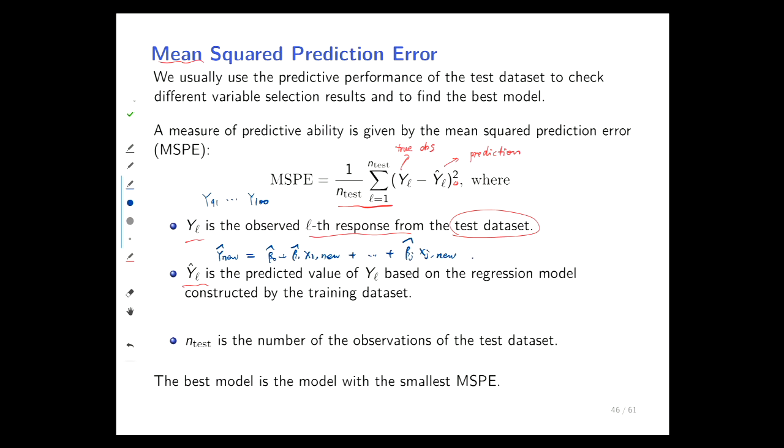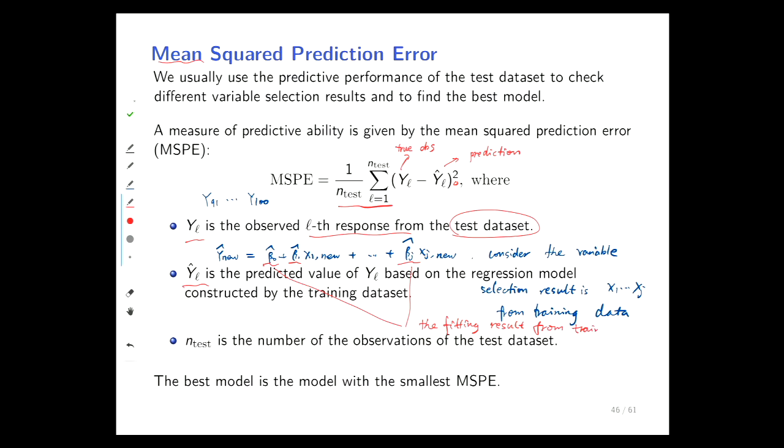We consider the variable selection result, x1 to xj, from the training data. And those least square estimates, beta 0 hat, beta 1 hat, and beta j hat, are also the fitting result from the training data.